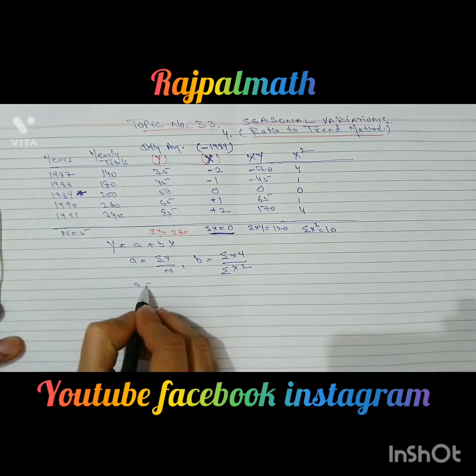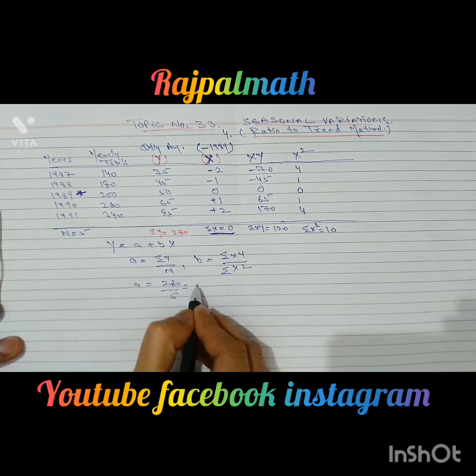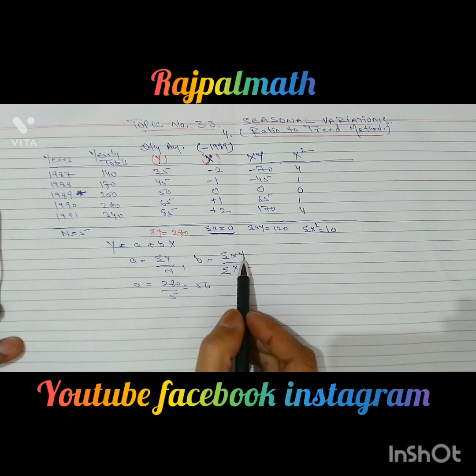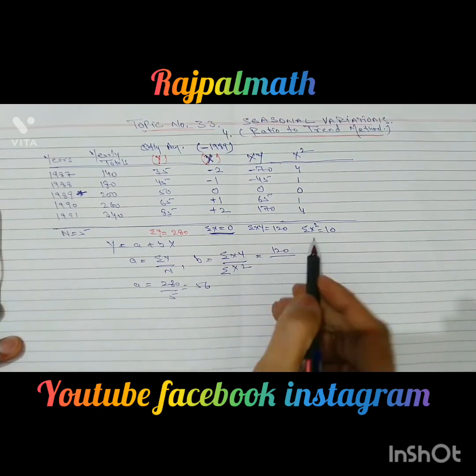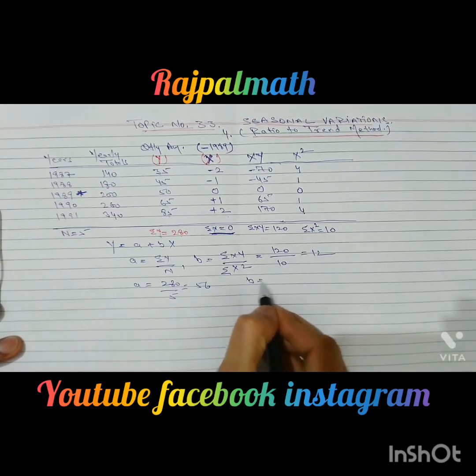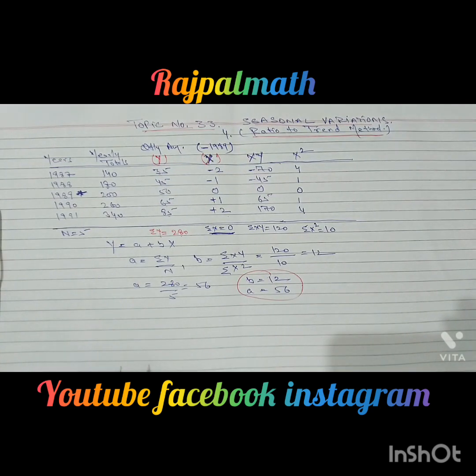We get a equals 280 divided by 5 equals 56, and b equals summation xy, 120, divided by summation x square, 10, which is 12. Therefore a equals 56 and b equals 12.